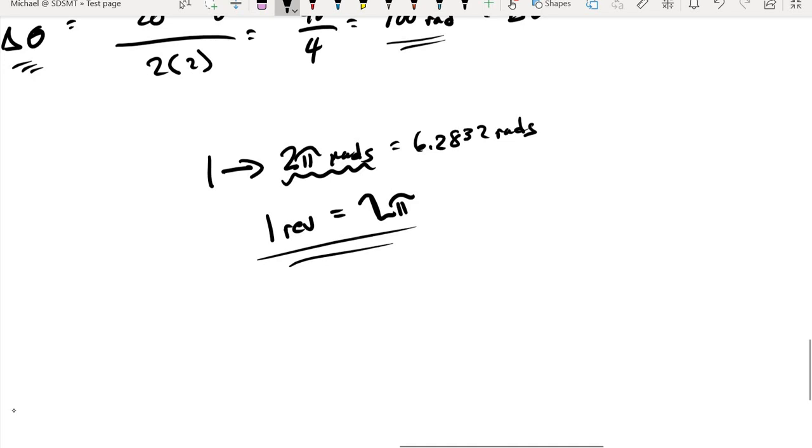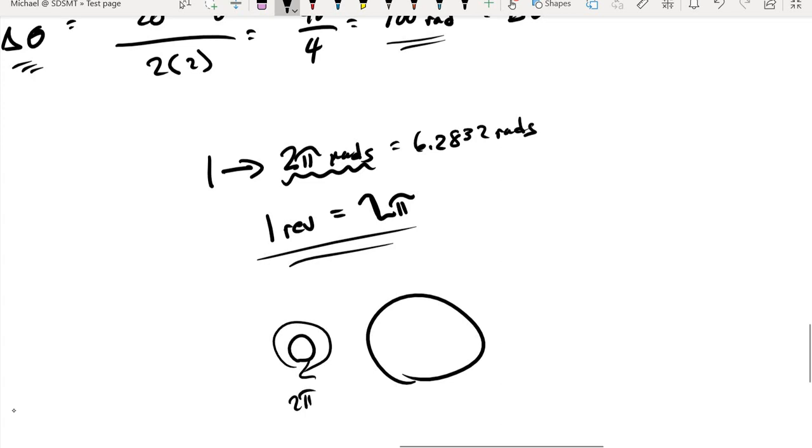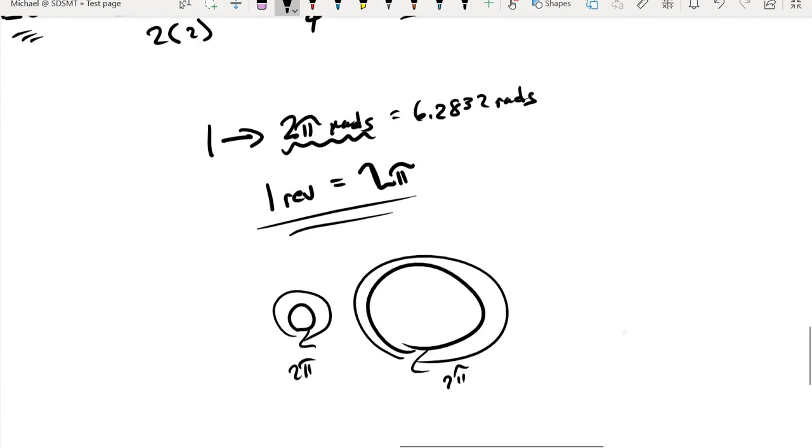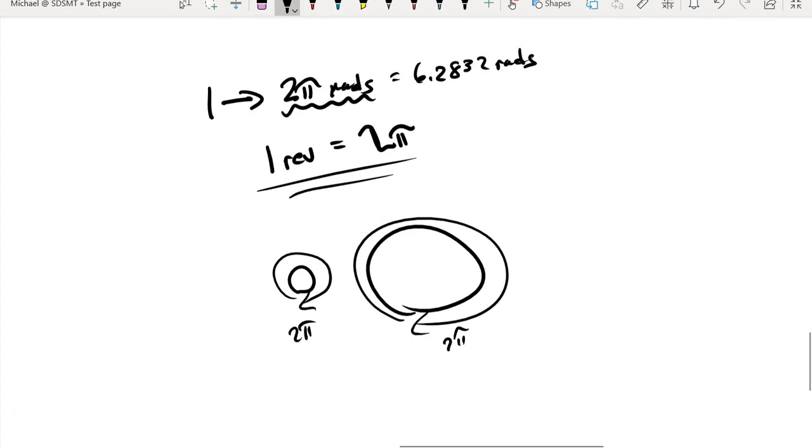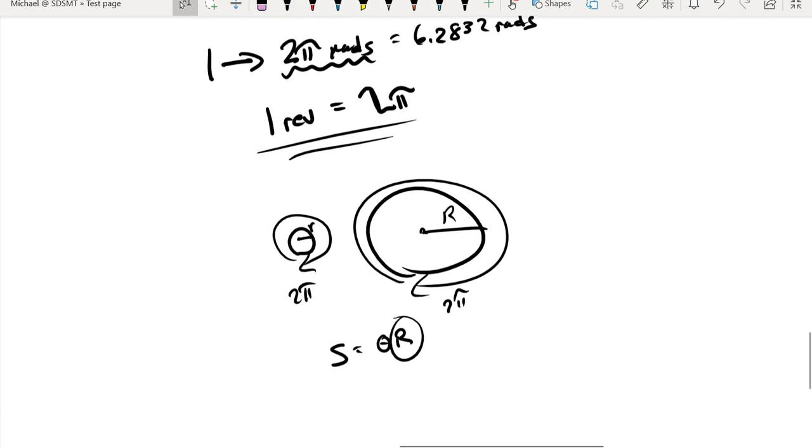And this is going to be true regardless of the size of the wheel. If I go around the small wheel once, that's 2 pi radians. If I go around the big wheel once, that's also 2 pi radians. The difference between the two is the arc length. It is the radius that makes the big difference there. But both of these circles have the same angular displacement of 2 pi.